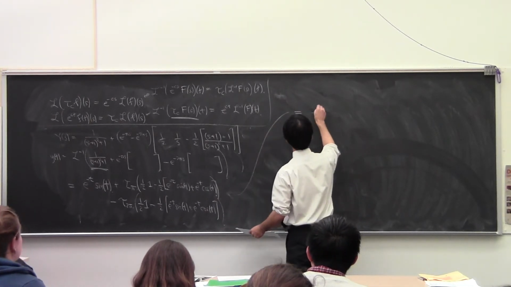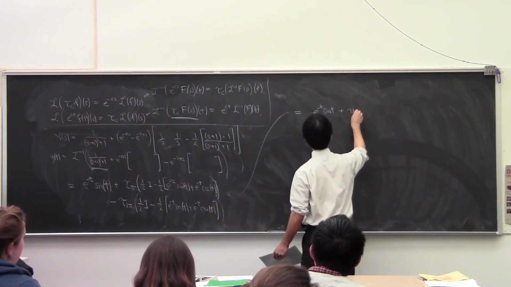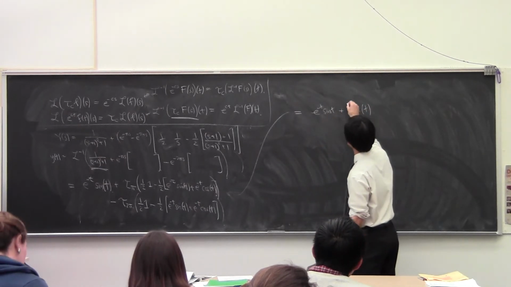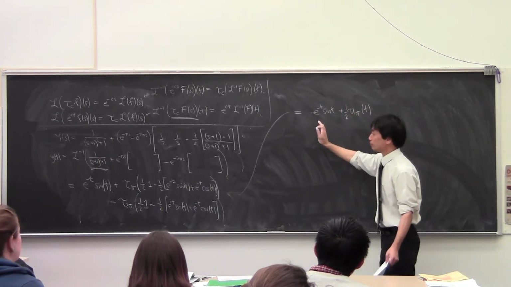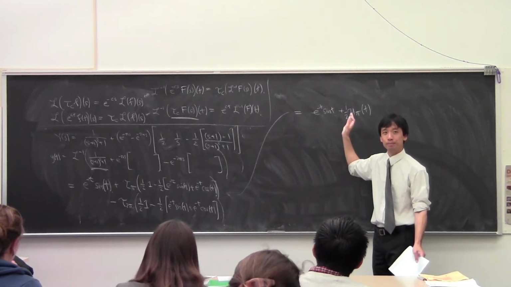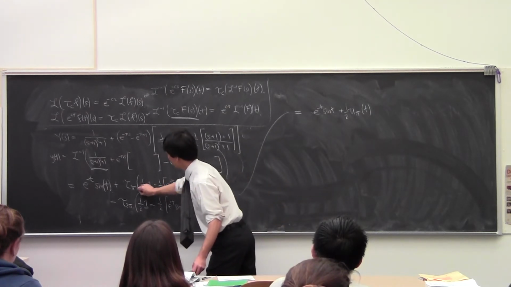So we get e to the minus 2 sine t plus the Heaviside function of 1/2, because we're shifting that over by pi units. So what I've just written up is this part.